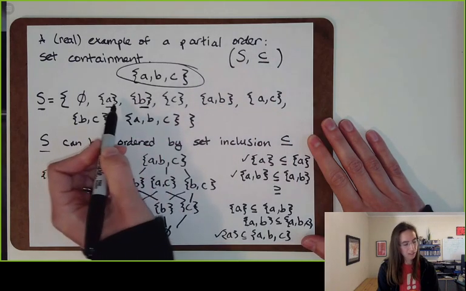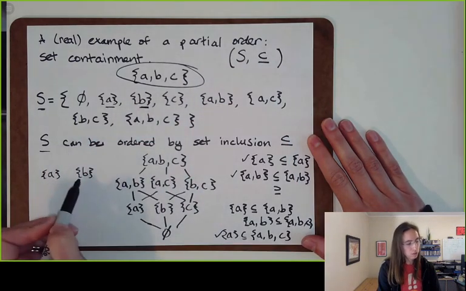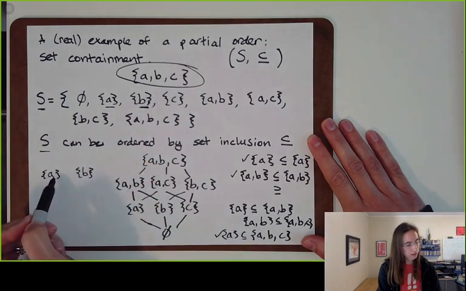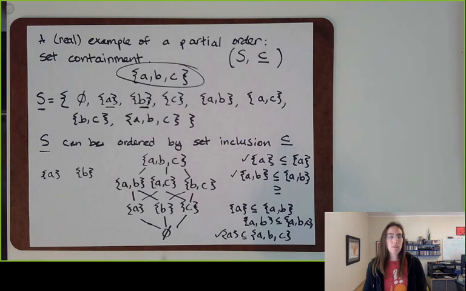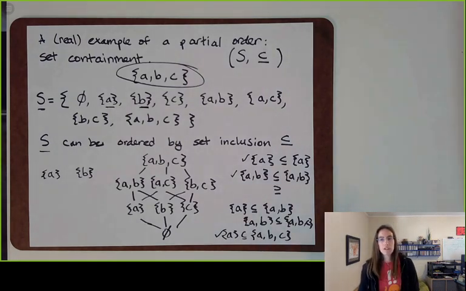We can't say that A is a subset of B, nor can we say that B is a subset of A. So that can happen in a partial order where some elements may not be comparable. On the other hand, if it's a total order, every element is going to be comparable. What's an example of a total order? Can somebody give me one? What's the simplest example that you can think of of something that's totally ordered?